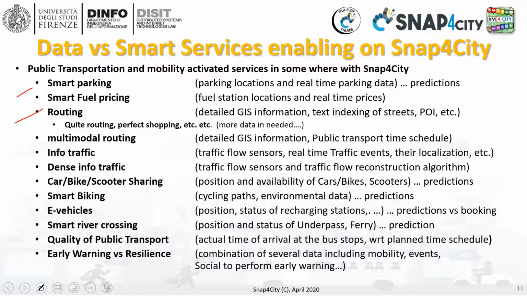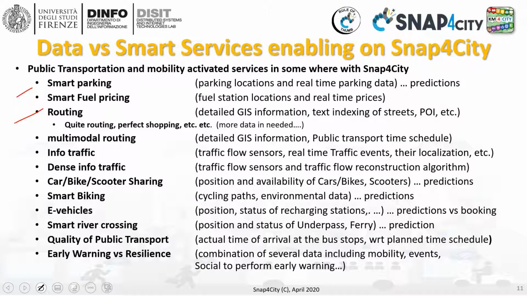So these are offered to you just as examples. I am not going to look at all of them, but it's just reported a couple of examples to give you an idea of the complexity of foreseeing a smart service in advance without implementing.